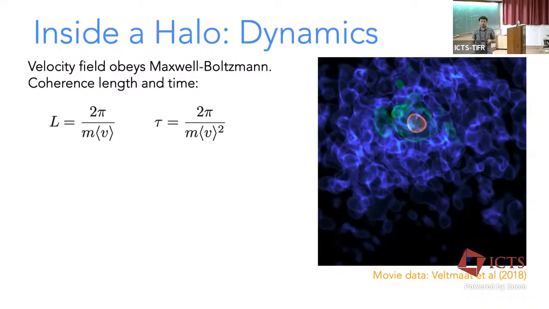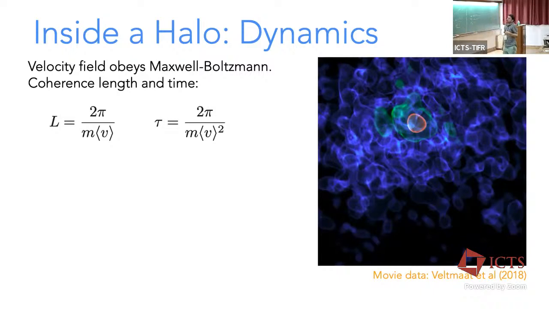The solitons form rapidly because there's initial coherence in the field, which comes from that sound speed term. So the field has some initial coherence, even at very high redshifts. And as soon as nonlinear structure formation happens, as soon as gravity becomes important, the solitons clump together out of the initial coherence.